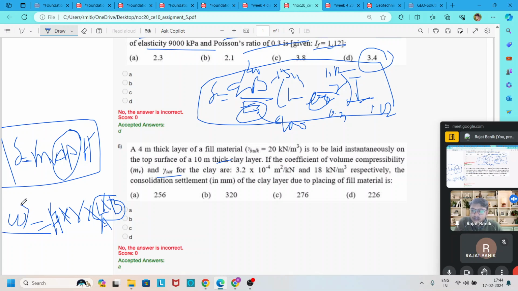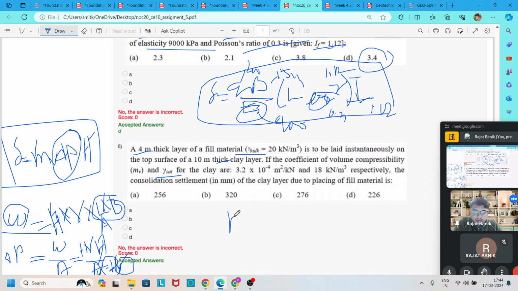If we convert this weight into pressure, the change in pressure del P is equal to W divided by A, which becomes gamma into H. This H is the thickness of the fill material, and gamma is the unit weight of the fill material.